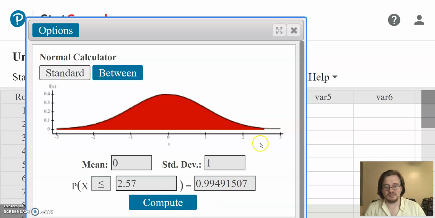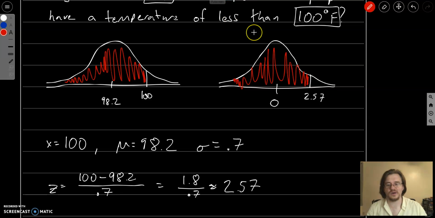So what you'll see is that this is a pretty big area. This is almost all of the curve. We've stopped when the curve is quite low, and we're looking at all this area. So it's 0.9949. So about 99.5% of people will have a temperature less than 100.